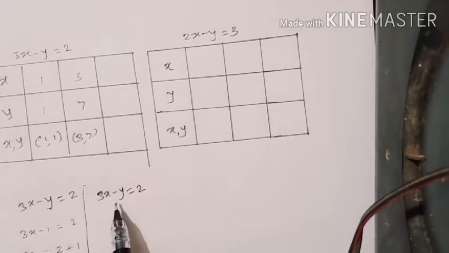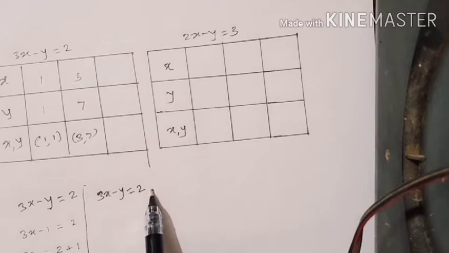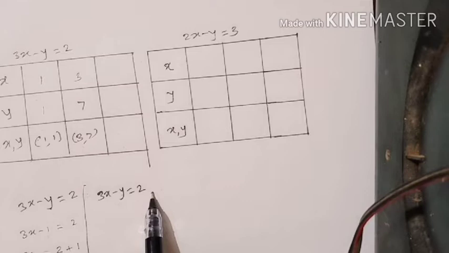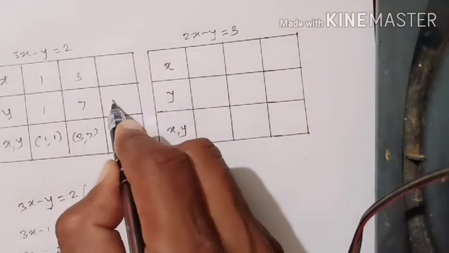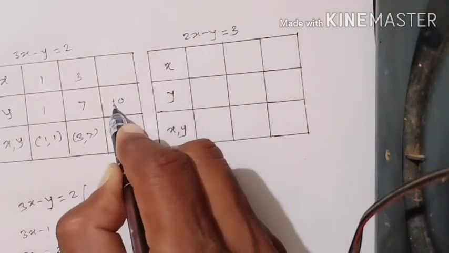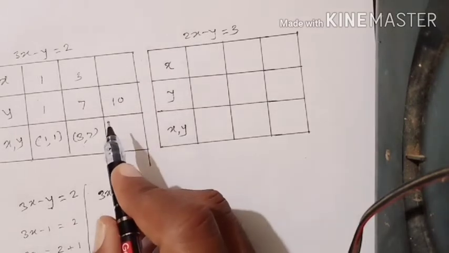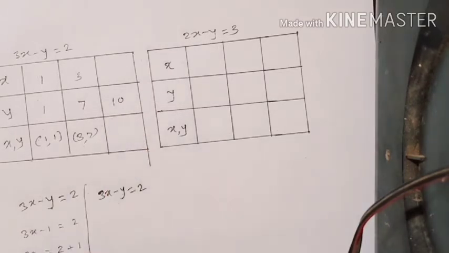Suppose then I will write here 8. 8 becomes here plus 8, 10. 10 is a value I can put here. Suppose I put the value of y as 10. But 10 is not on our graph. Therefore, the number you have to consider must be on the graph paper.